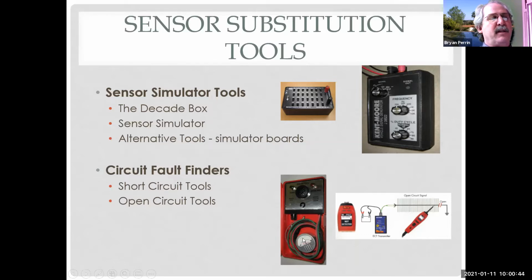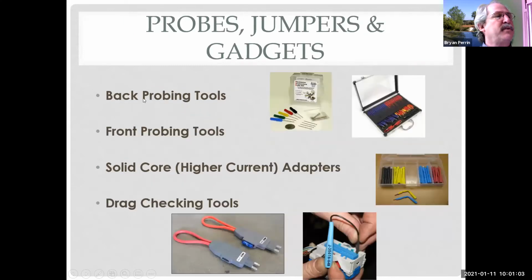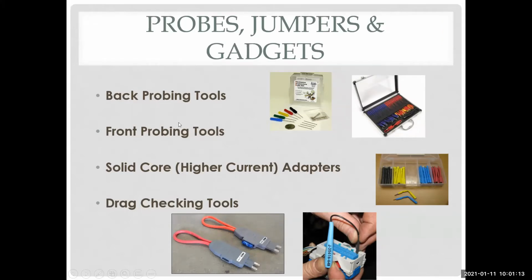The concept being that if I have a shorted wire, when I run this down the wire, the arrow is going to show me the direction of current flow, and I can come up and find where the short is, because I'm not going to have any current flow after the short, right? Some old school stuff. So these are back probing tools. These are those little needles I was talking about that we go into the back of connectors with to hook a meter to.